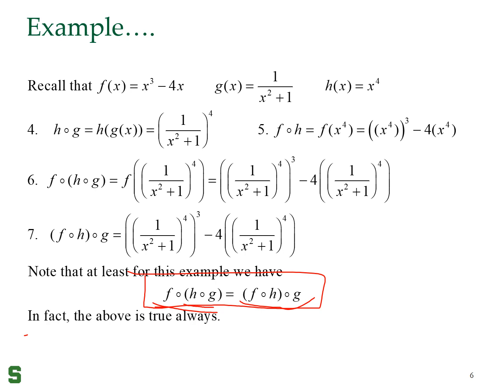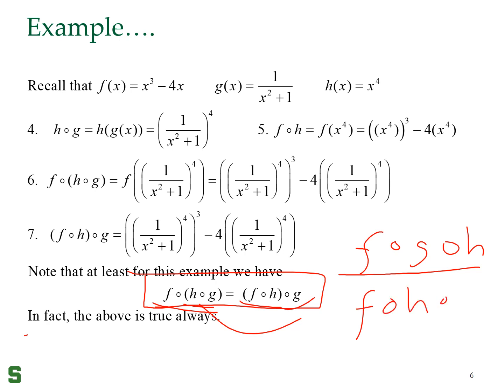However, how you put parentheses doesn't matter. So I can think of this as function f composed with g composed with h, and the order in which we put parentheses is not important. However, the order in which these functions appear is important, and that means f g h is not the same as f h g.